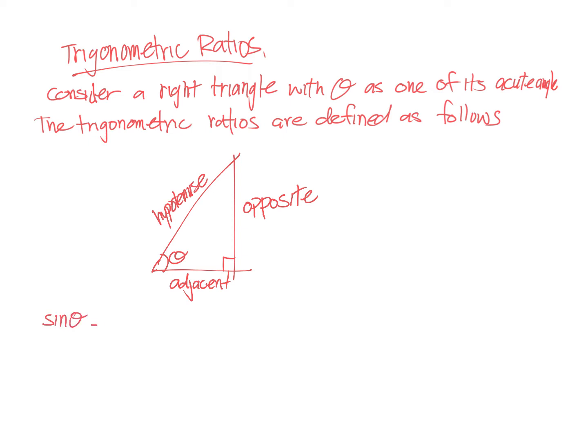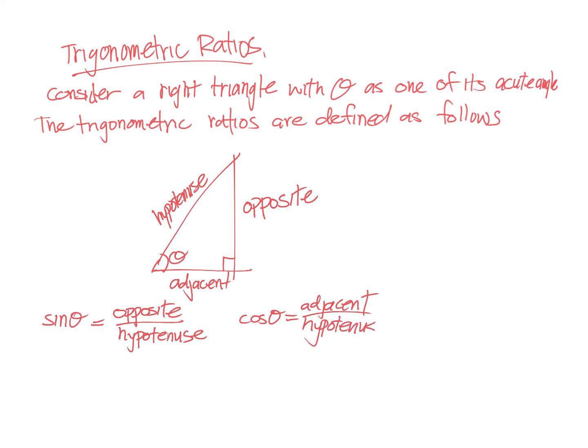Sine of theta is going to be the opposite over hypotenuse. Cosine of theta is adjacent over hypotenuse. Tangent of theta is opposite over hypotenuse.